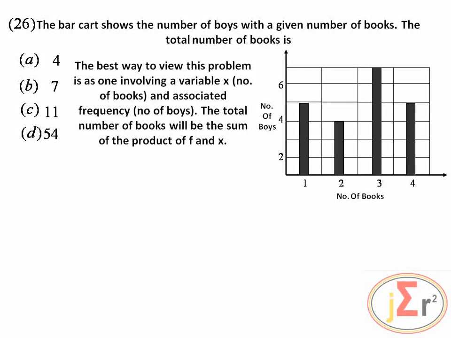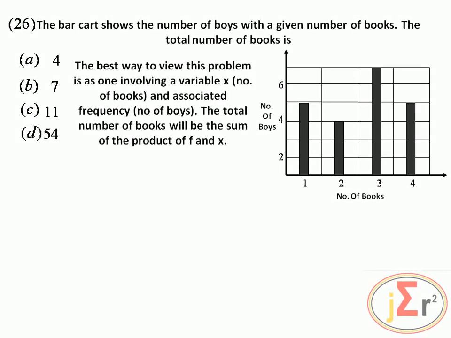The best way to view this problem is as one involving a variable x, which is the number of books. So the number of books is represented by the variable x, and we have associated frequencies, and that will be represented by the number of boys.